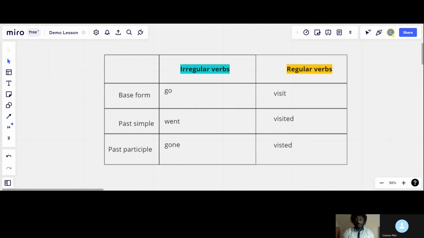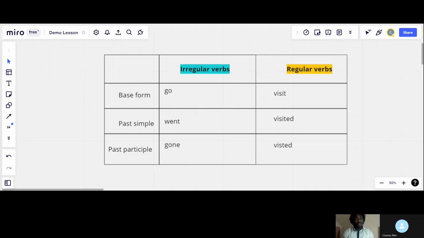For a regular verb, its base form, for example, we have visit. Base form, visit. Past simple, visited. You simply add ed. Past participle, also visited. Simply add ed. So you will notice that with a regular verb, it doesn't change. The past participle and the past simple are the same.